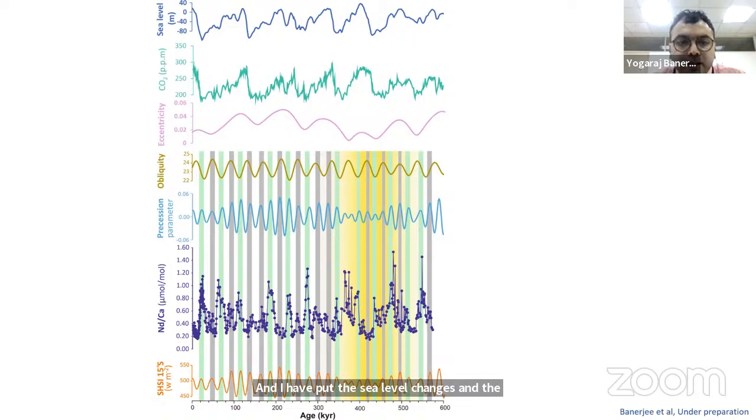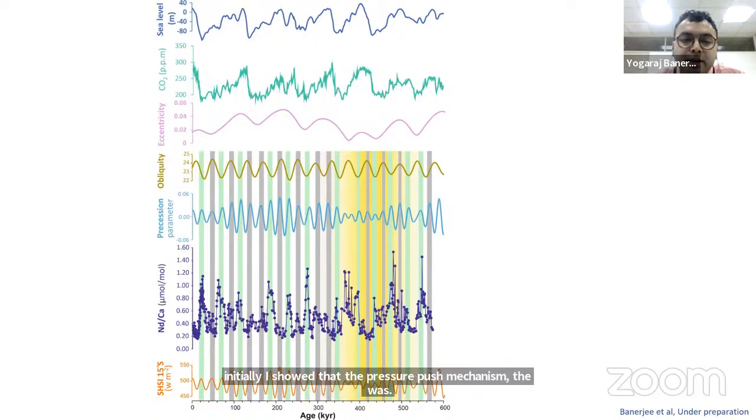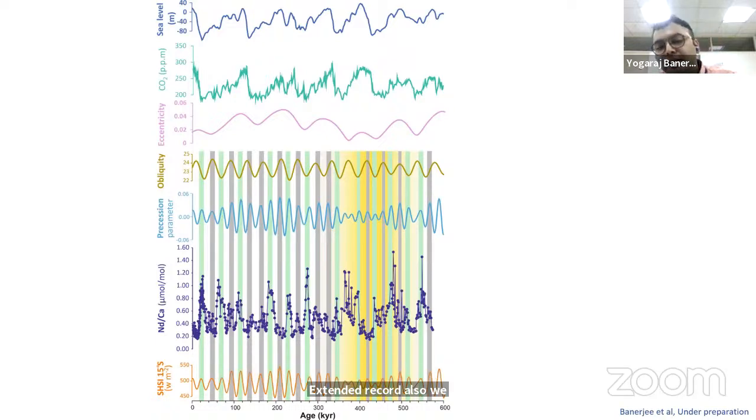So what we can see here is that initially, I showed that the pressure push mechanism was active till 82 kiloyear. That has been shown in Liu et al.'s paper. Now, in this extended record, we also saw the persistence of this particular mechanism, where precession in tandem with obliquity is controlling the precipitation pattern over this Papua New Guinea region for the last 600 kilo years.